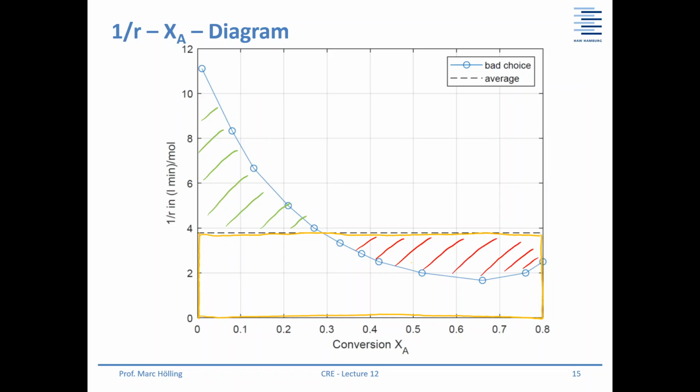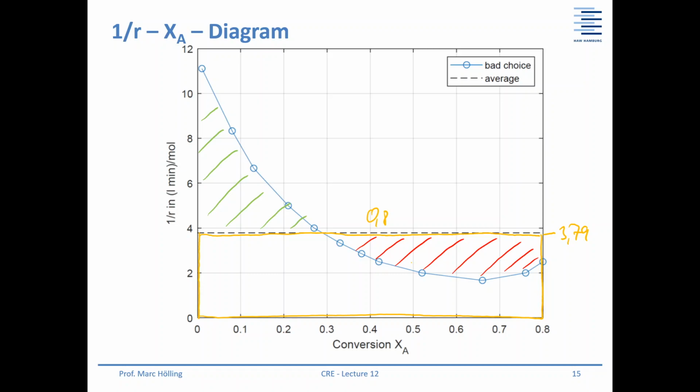as the red area, and I did it again with the trapezoidal rule, and then I found, okay, the best value here is a size of 3.79 for 1/r, and here again you have 0.8 and with this it's rather easy to calculate your area.